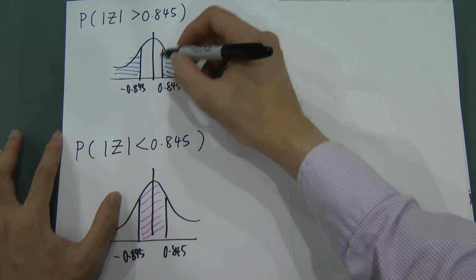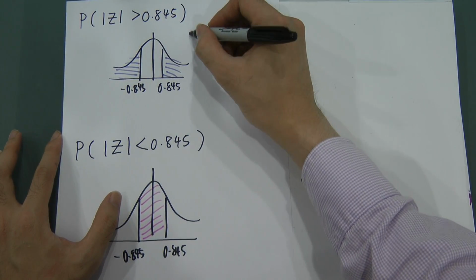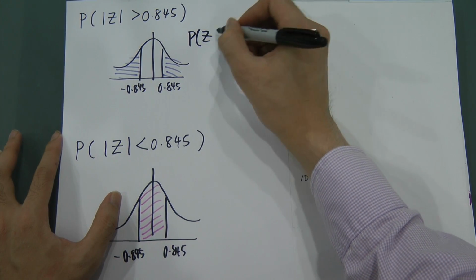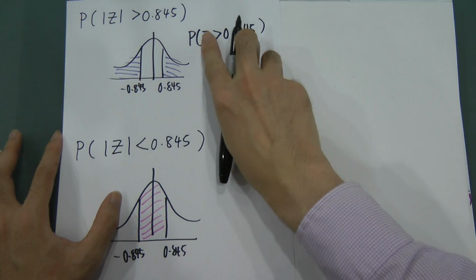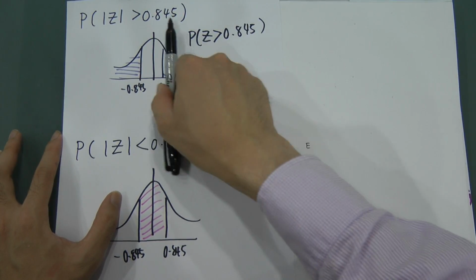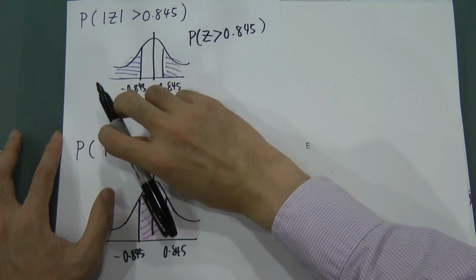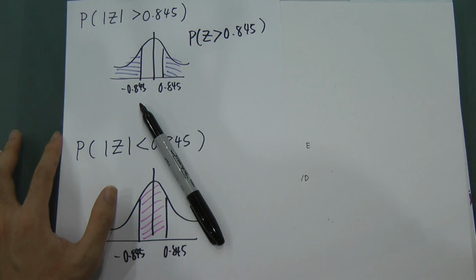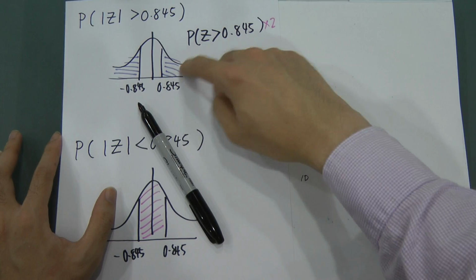First, we want to get this one. When you want to find it in the table, you have to get the bigger value. Z bigger than 0.845. Because Z bigger than 0.845, this is line 0.845. Bigger means here. And this area is the same as this area, therefore I multiply the whole thing by 2, then I can get the whole area.